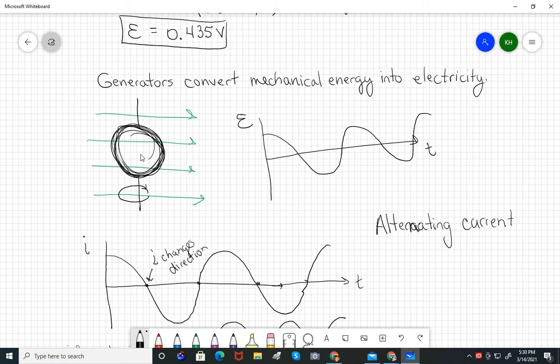We can use wind, or dams and falling water, which is hydroelectric power. The ideal way is to use nature to rotate those coils, whether it's hydroelectric or wind. And if you rotate those coils continuously in a constant magnetic field, you will generate electricity.